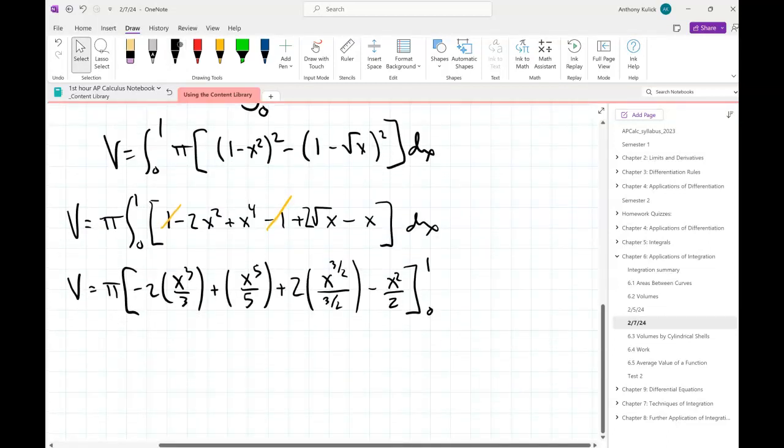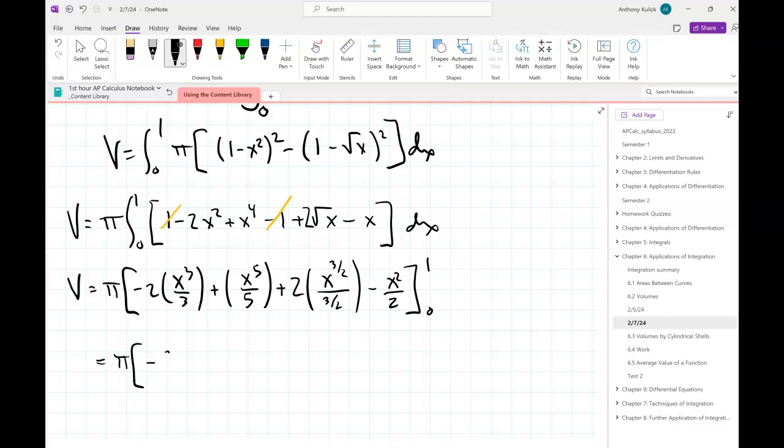So if I plug in 1, I'm going to get -2/3 plus 1/5 plus 4/3 minus 1/2, and then plus 0 minus 0 minus 0 plus 0.